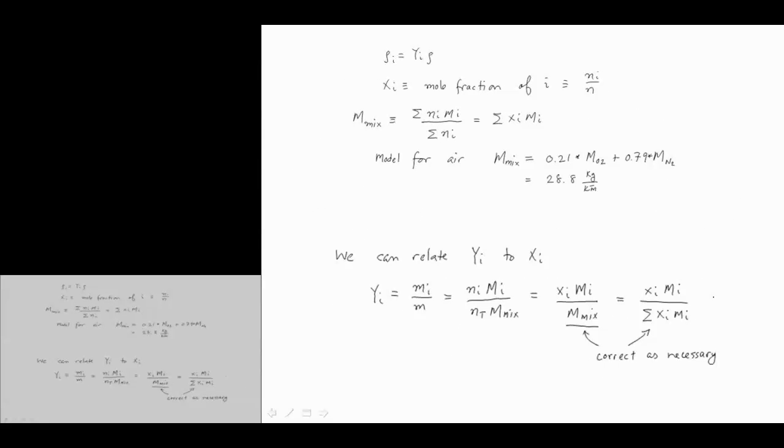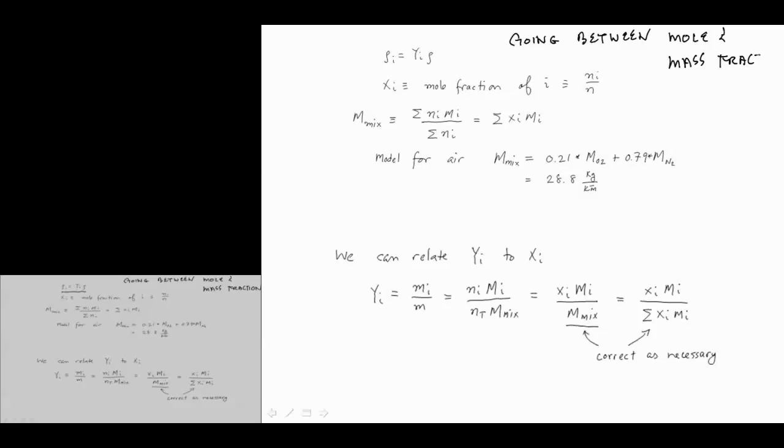Okay, so now going between mole fractions and mass fractions. The fundamental definition of the density: the density can be written as rho times yi. It's the total density times the mass fraction. The definition of the mole fraction, of course, is again Ni over N total.